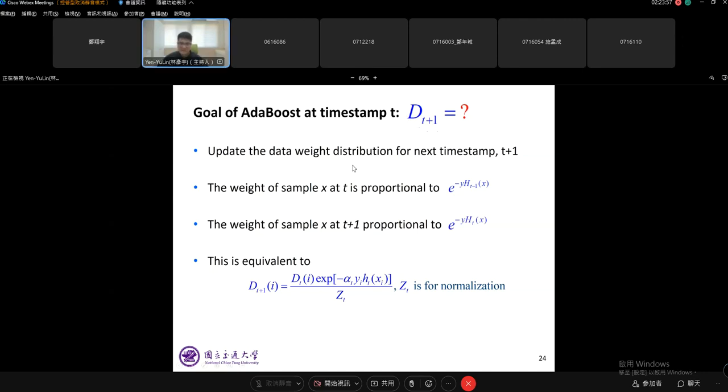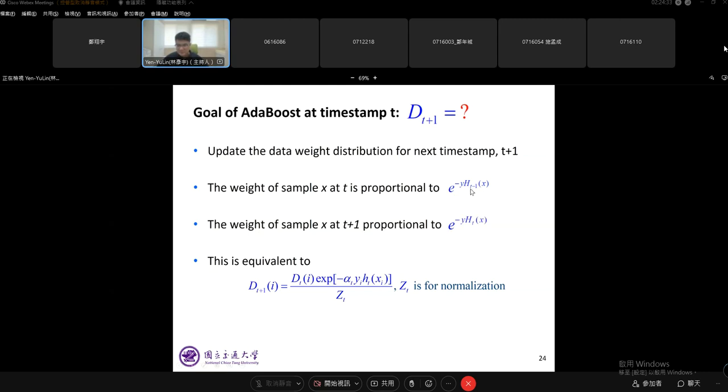After checking the AdaBoost algorithm, you can find that the weight of training data x at timestamp t is proportional to the term we have specified, exponential of minus margin. So this is the weight distribution at timestamp t.